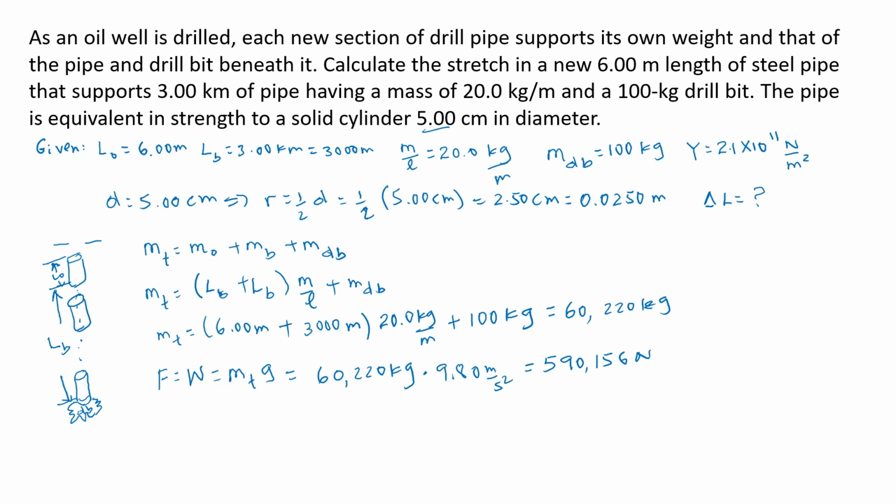Now we have everything we need to calculate delta L. To do that, we use the stress is equal to Young's modulus multiplied by the strain. Force per unit area is the stress, and that is equal to Young's modulus multiplied by the strain, and the strain is delta L over L naught.